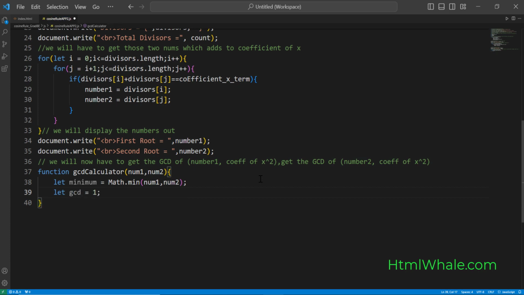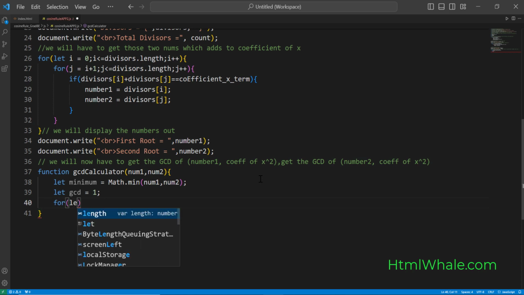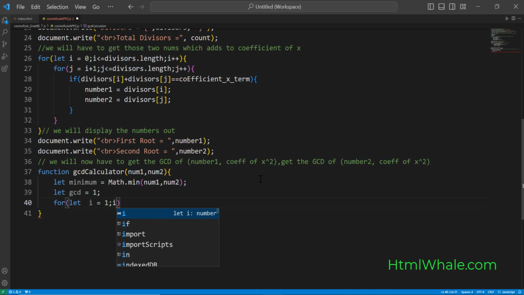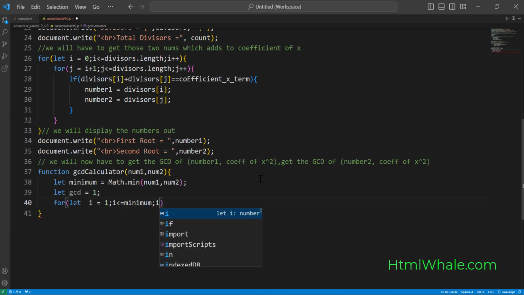After that, we will have to run a for loop: let i be equal to 1, i is less than or equal to the minimum value, and then i is incremented. Now we need to have a conditional check.